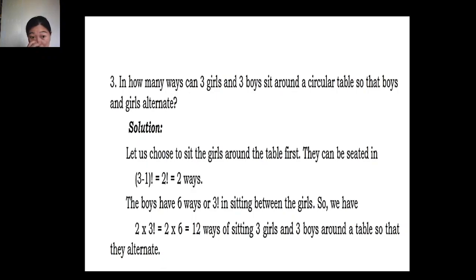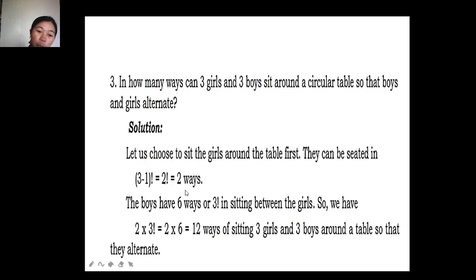The original formula natin, P is equal to the quantity of n minus 1 factorial. That's why we have the quantity of 3 minus 1 factorial, and this is equal to 2 factorial. And 2 factorial means 2 times 1. That's why we have 2 ways.